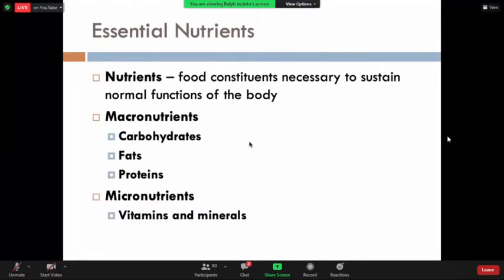Nutrients are food constituents or components coming from food that are necessary or essential in order for us to sustain our normal bodily functions. This can be divided either as macronutrients, meaning we need to take them in large amounts.